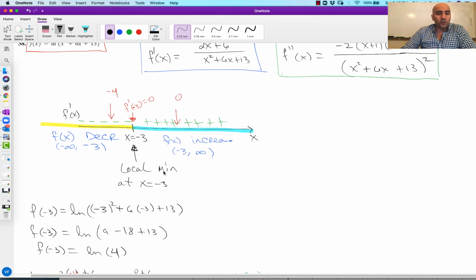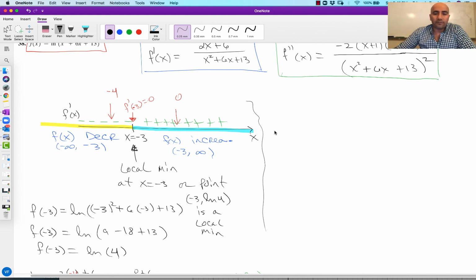Okay, so there's a local minimum at x equals -3, or the point (-3, ln 4) is a local min. Okay, so that's a lot of information that we were able to draw from that first derivative.